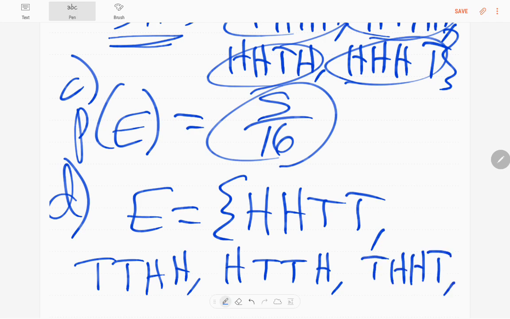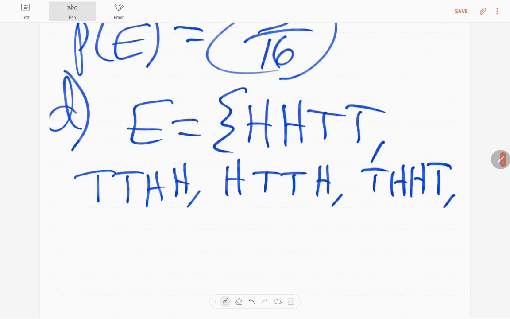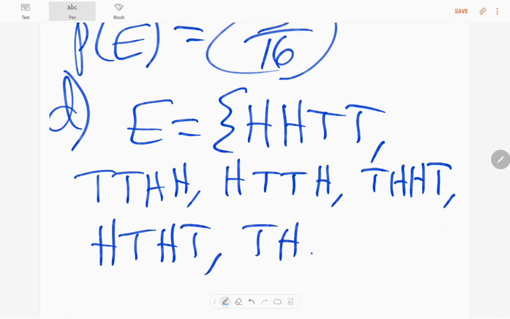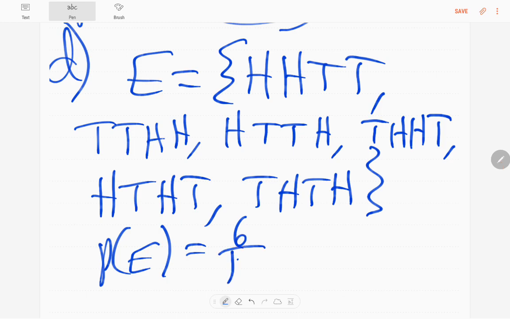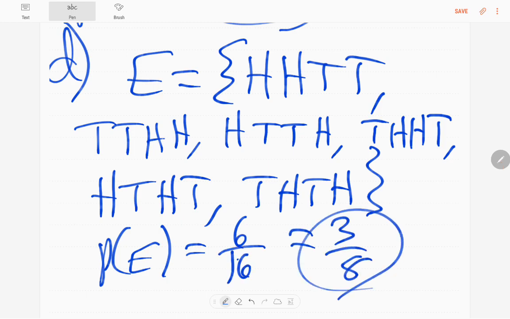There's another. And I think the H's and T's could also alternate. So it looks to me like there are 6 outcomes in that particular event. But I know there are 16 total in the sample space. So 3/8 is the probability that we have an equal number of heads and tails.